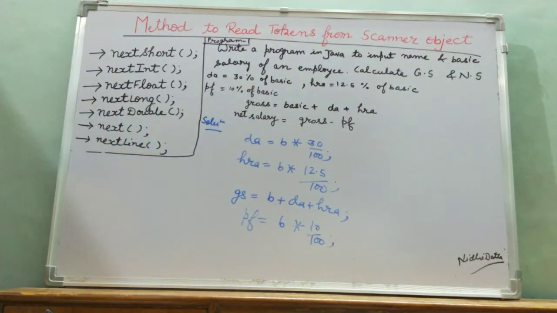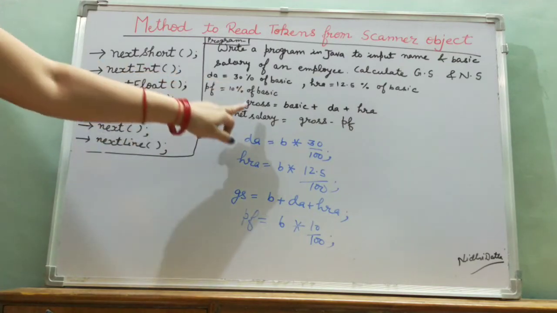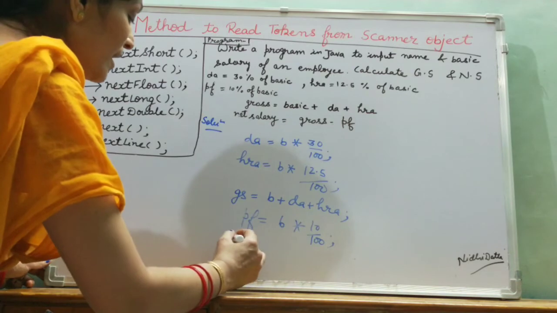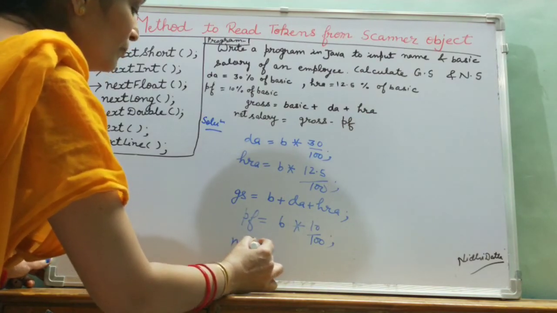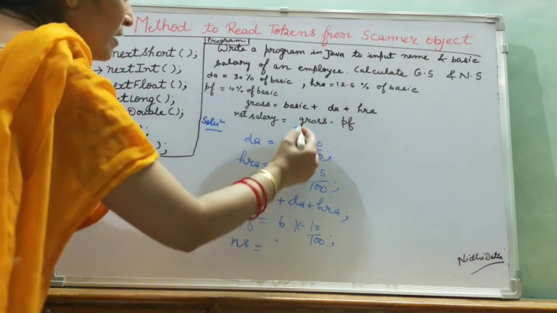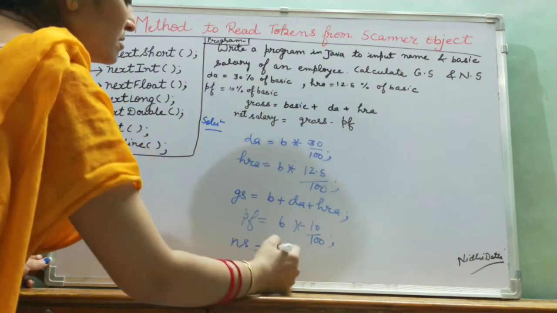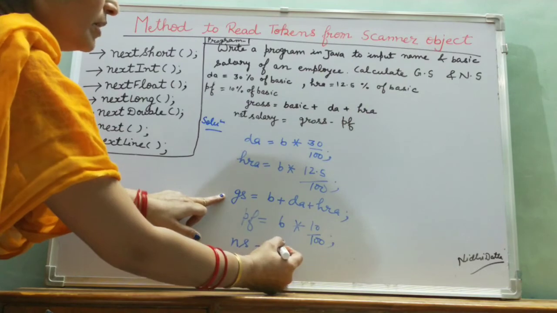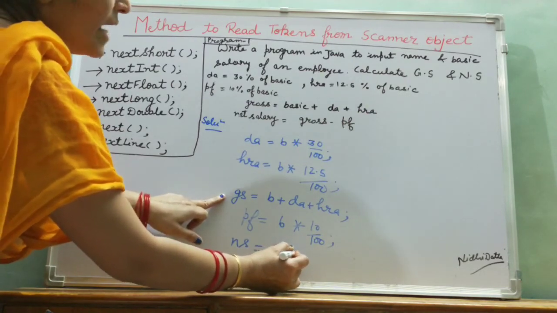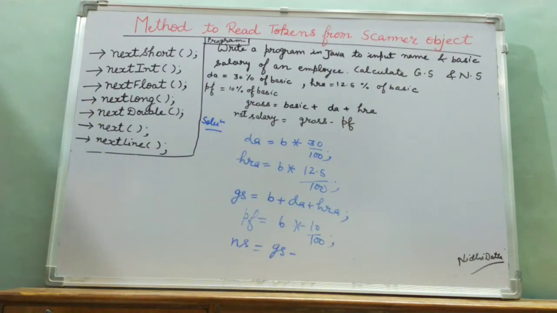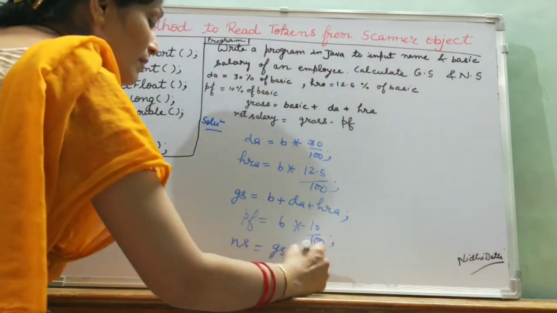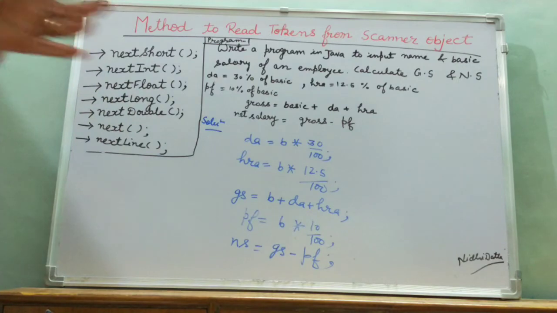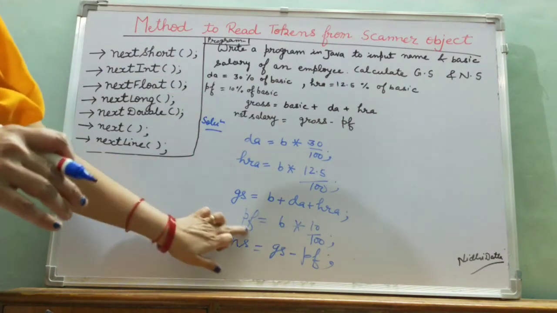After calculating the PF, we can find out the net salary. Net salary NS is equal to the gross salary we have calculated here. Then you will write the variable name GS minus PF, Provident Fund, GS minus PF. After writing this, it will automatically calculate the net salary and store it in this variable.